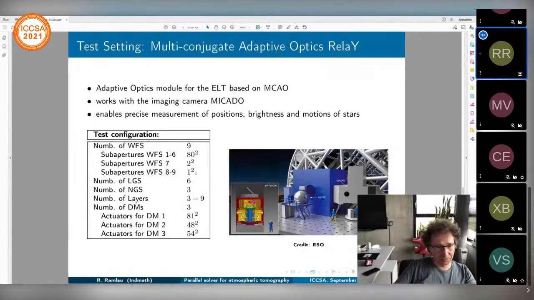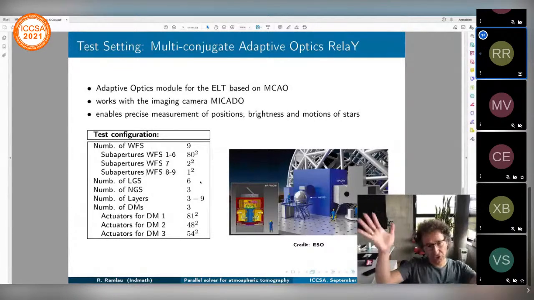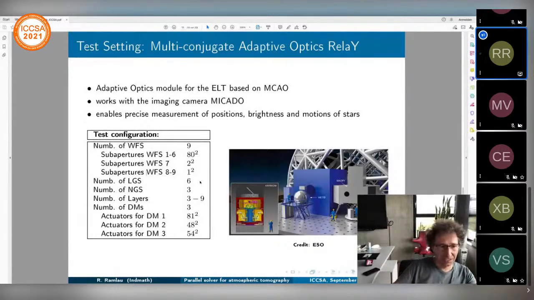As I said, we have laser guide stars, 6 lasers are shot up into the atmosphere and create artificial guide stars. We also use 3 natural guide stars, and layers we reconstruct up to 9, so 3 to 9 layers, and we have 3 deformable mirrors for the correction.